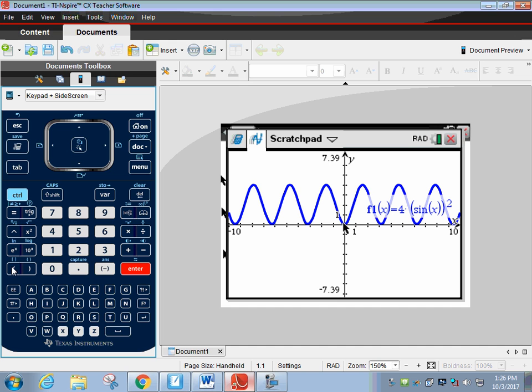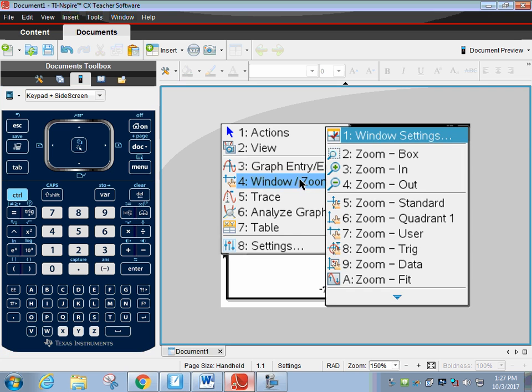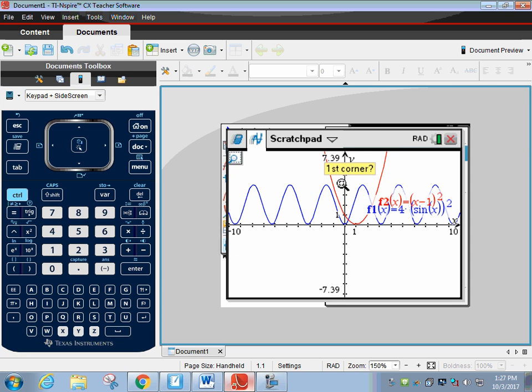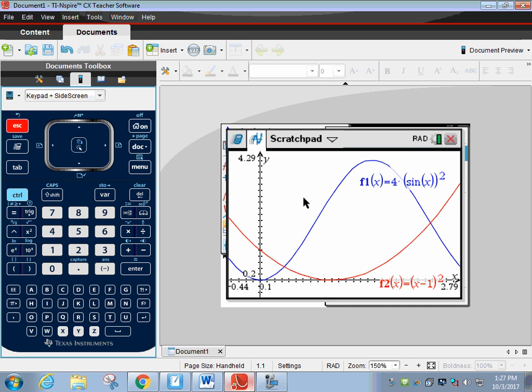X minus 1 squared. Okay, you can adapt your window a little if you like. I like zoom box myself. Okay, you get something like that.